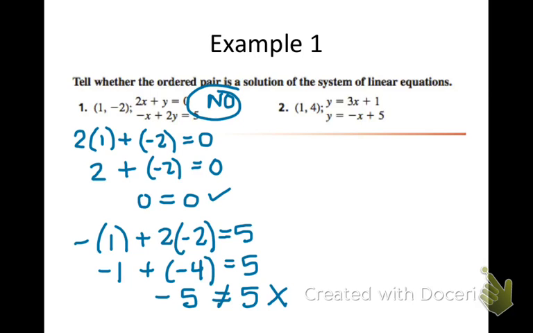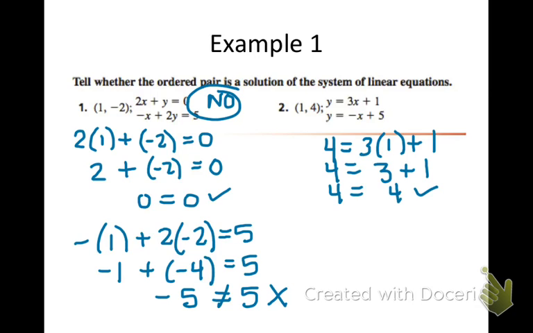For number 2, again, substitute it in, so you have x comma y. So 4 is equal to 3 times 1 plus 1. And that's true. For the next equation, 4 would be equal to the opposite of 1 plus 5.